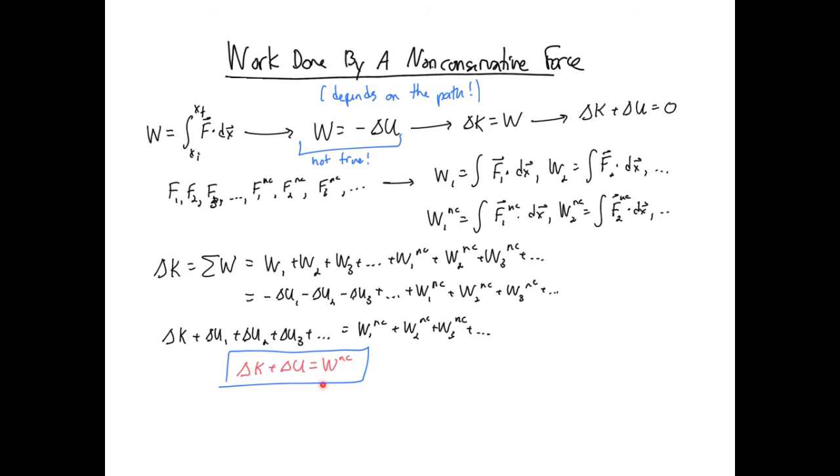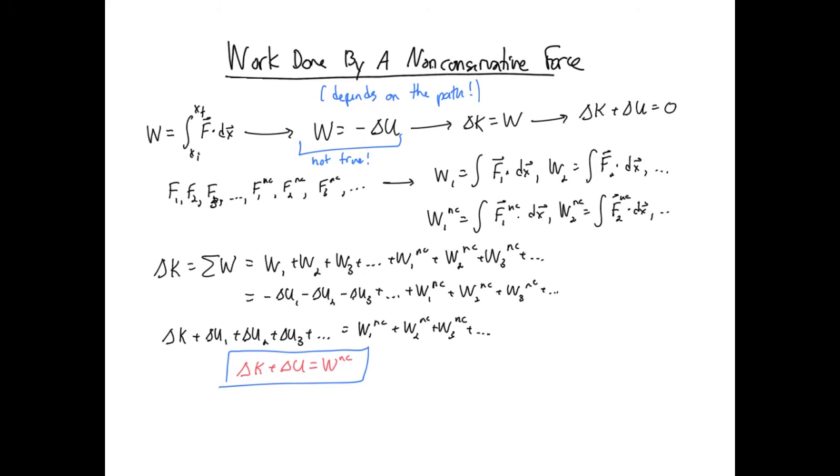Of course, if there are no non-conservative parts, if there are no external forces which aren't acting conservatively, then the non-conservative work is 0, and we get back to our original conservation of energy equation. But using this equation, we can include any kind of contribution to the energy equation from any source in the universe, assuming we know how to find the work done by it.